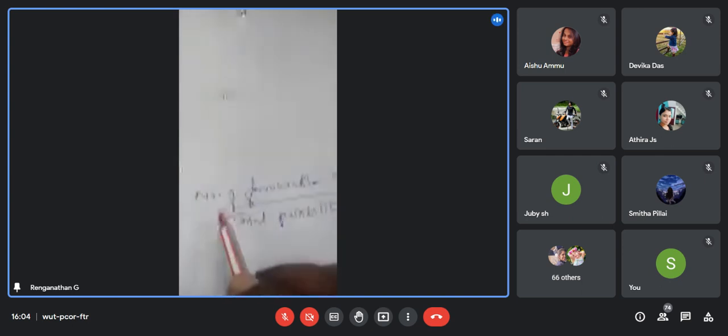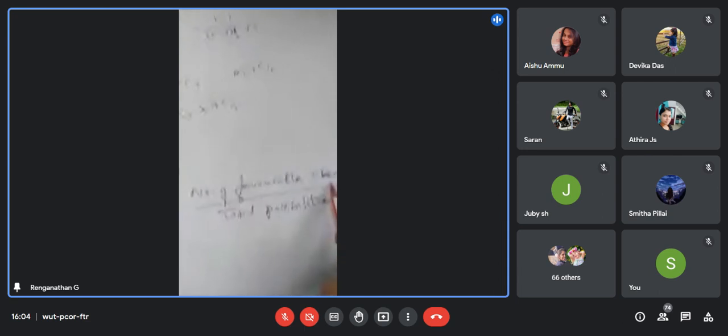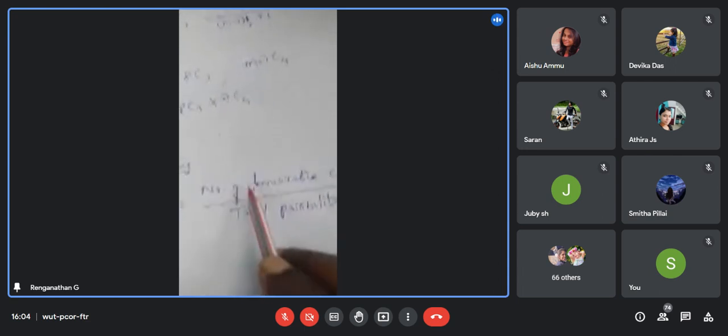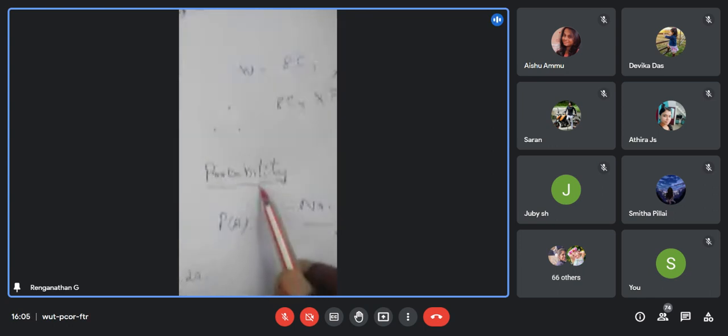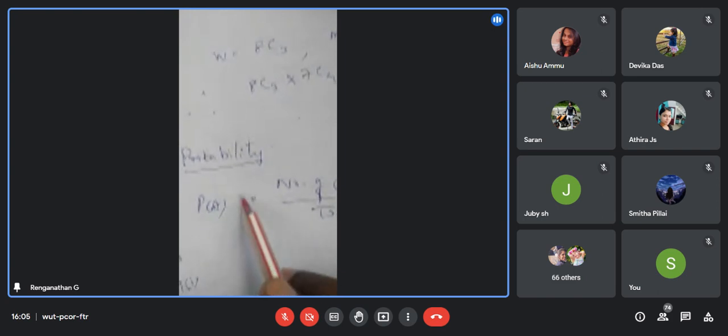Probability of A is equal to, we can say this in the form of a formula: number of favorable chances divided by total possibilities. You have to write down this heading, probability, and the probability of happening something.